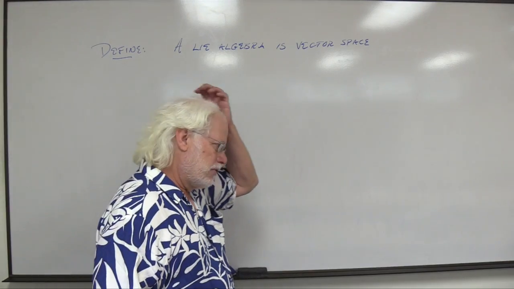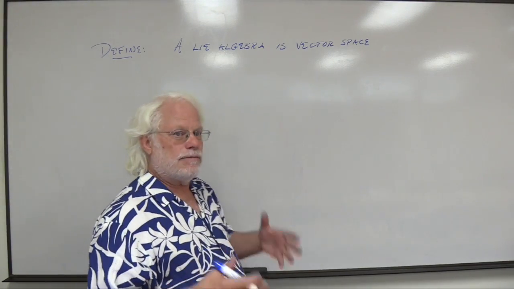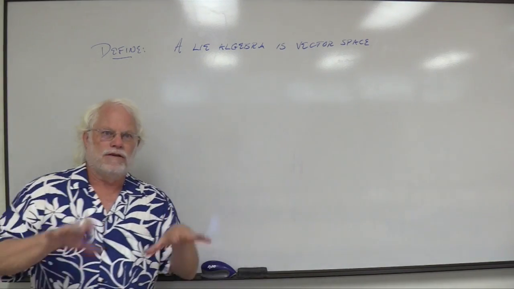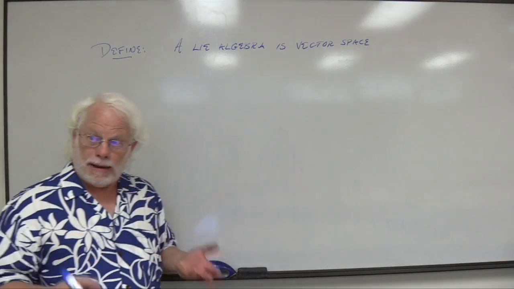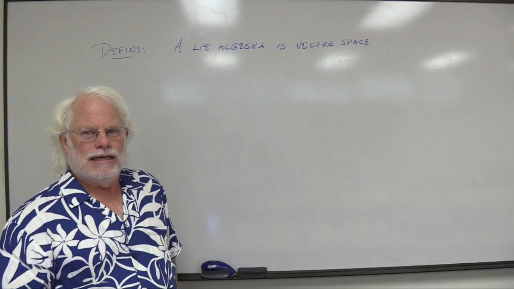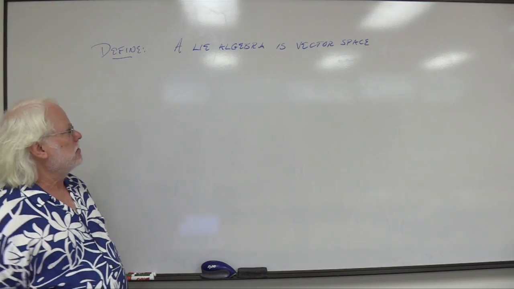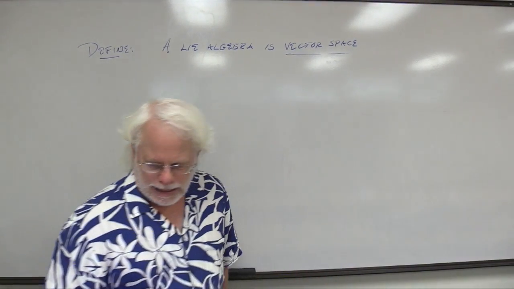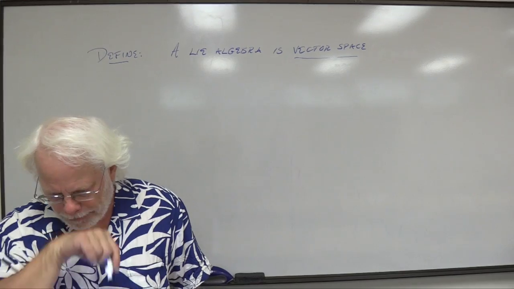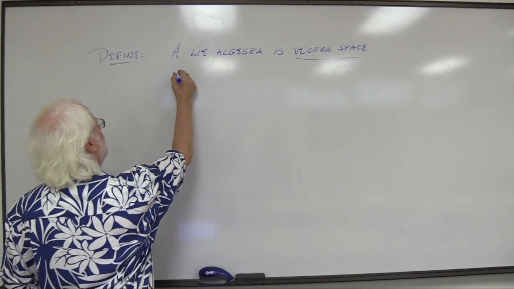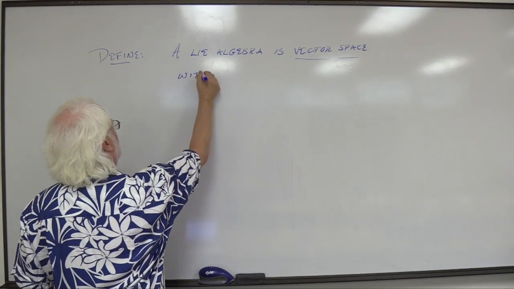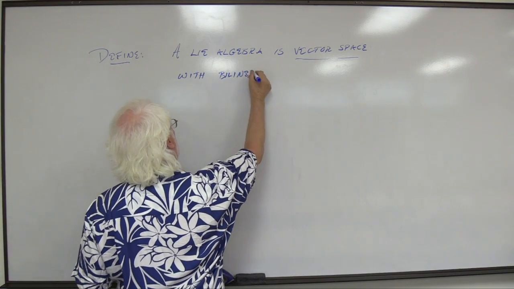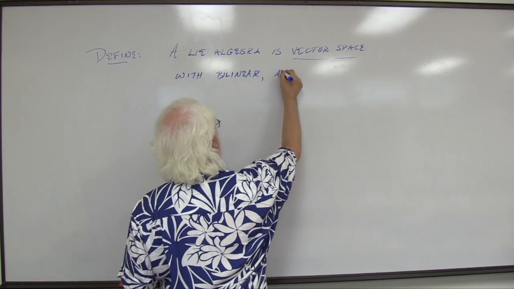So the object we're really interested in, and the object we get from a Lie group, is first and foremost a vector space where the generators form a basis of vectors. Linear combinations then form the vectors. So the Lie algebra is a vector space, and it has a bilinear product, anti-symmetric.